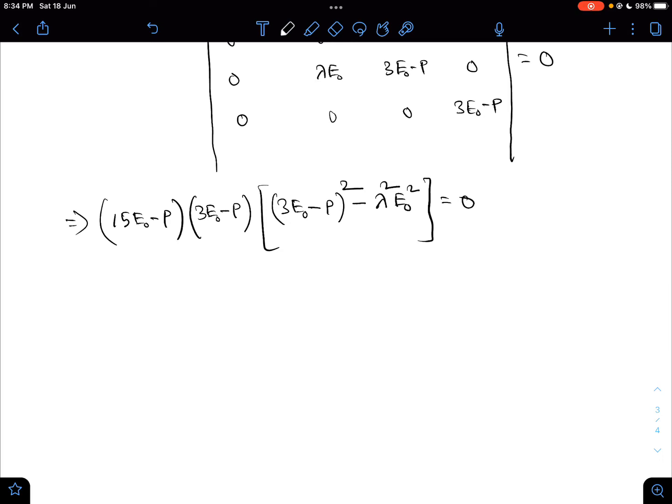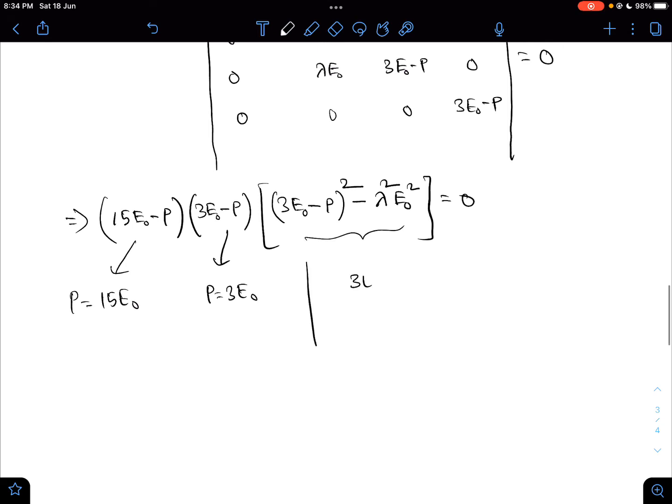If we solve this equation, one value we have P to be 15E0. From here we are getting P to be 3E0, and from this equation we will get 3E0 minus P equal to plus minus lambda E0. So P is 3E0 plus minus lambda E0.